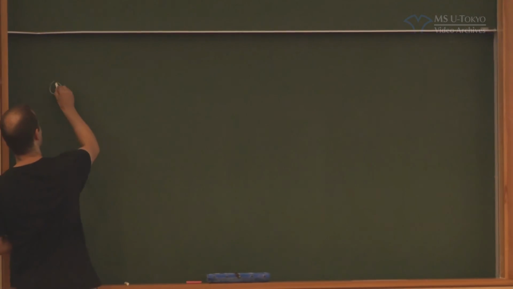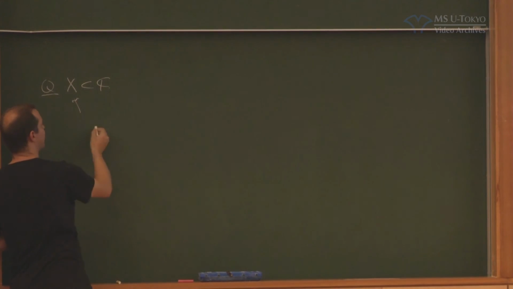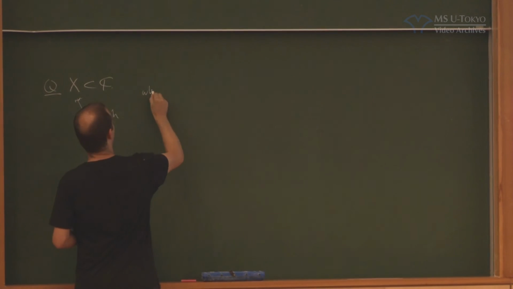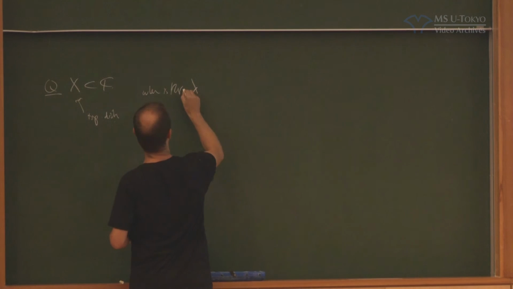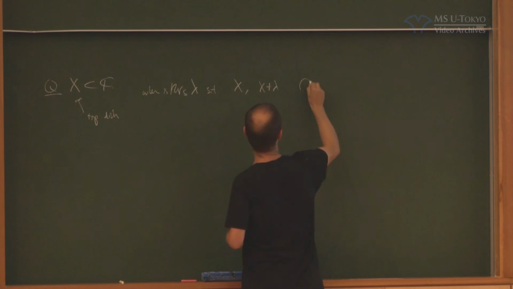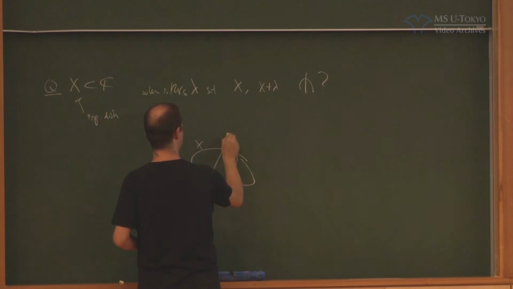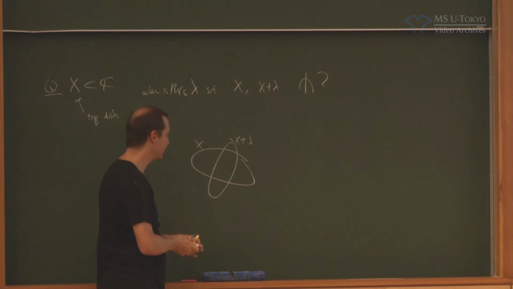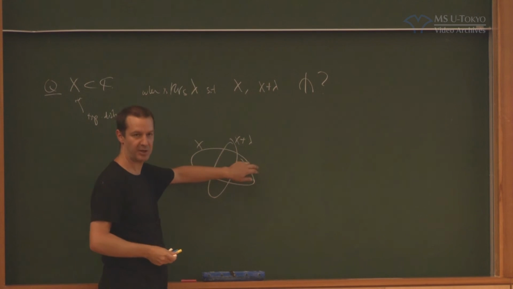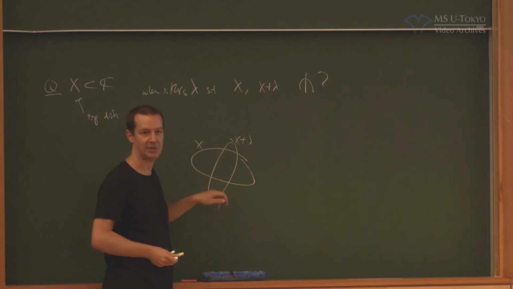Given X in the complex plane, let's suppose topologically a disk, when is there some lambda such that X and X plus lambda cross transversely? By which I mean that there are 4 points which are in one set but not in the other, which alternate in the cyclic order between being in X and being in X plus lambda.